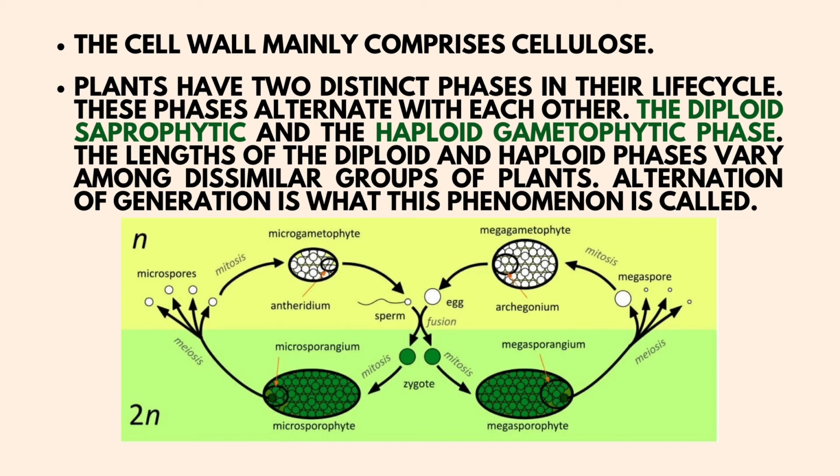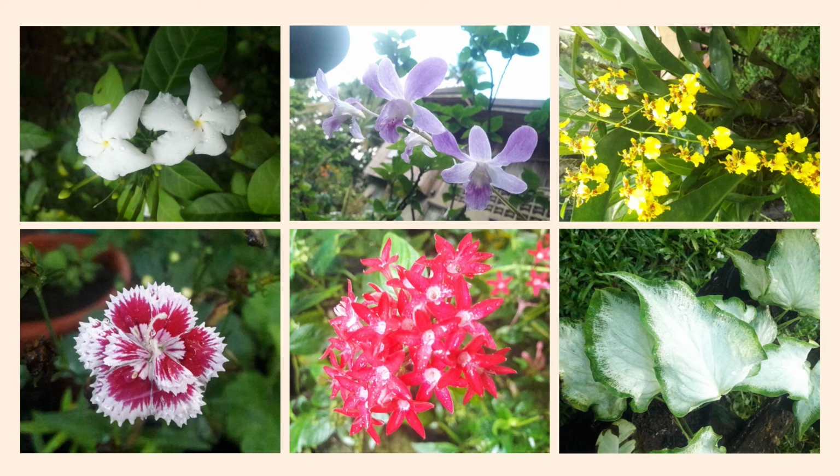Plants have two distinct phases in their life cycle. These phases alternate with each other, the diploid sporophytic and the haploid gametophytic phase. The lengths of the diploid and haploid phases vary among the different groups of plants. Alternation of generation is what this phenomenon is called. These are examples of organisms under the Plantae.